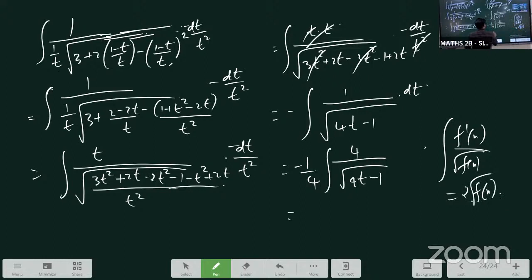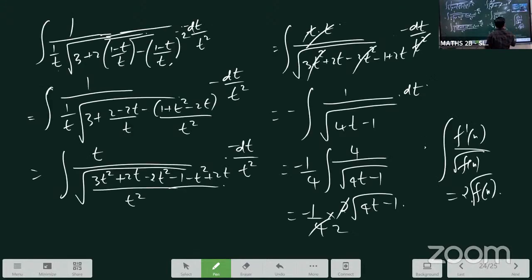Okay, that is minus 1 by 4 into, now derivative of this is in the numerator. So that is 2 root 4t minus 1. 2 ones are 2, 2s get cancelled. That is nothing but minus 1 by 2 under root of, what is left out? Minus 1 by 2, yeah, under root of 4t minus 1 is left out, right?